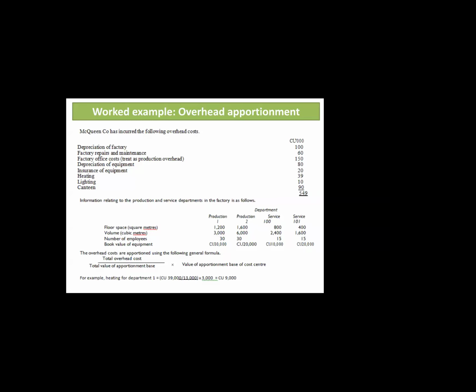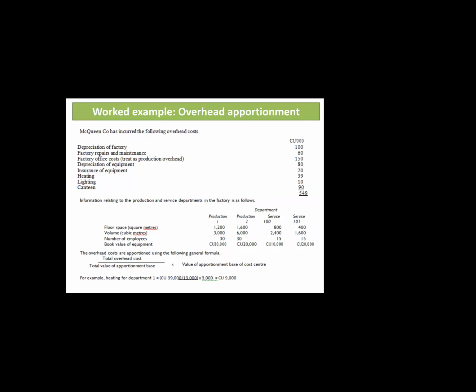The volume, or cubic meter. Total volume for all departments is 3,600, 6,000, 2,400 and 1,600, total 13,000, and our heating cost is 39,000. So per unit cost is 39,000 divided by 13,000, that is heating cost per cubic meter is taka 3.